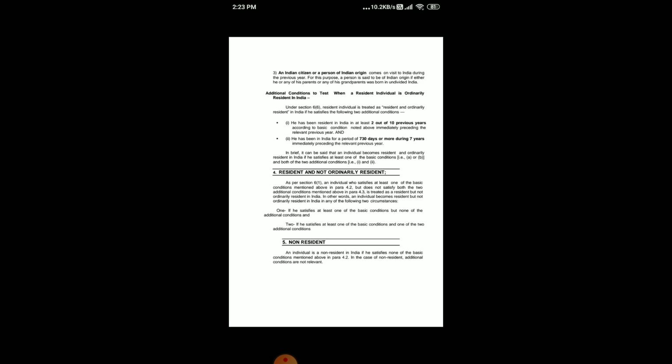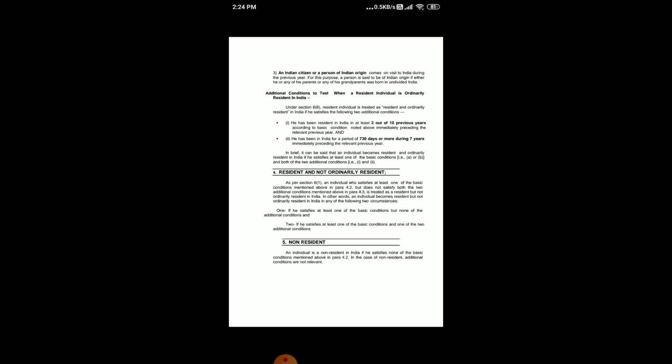He has to satisfy both the subsequent conditions. In brief, an individual becomes resident and ordinarily resident in India if he satisfies at least one of the basic conditions and he satisfies both the subsequent conditions.